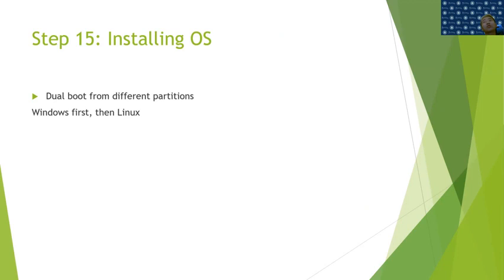This is called dual booting, where you're setting up two areas called partitions. If you want to do this, it's important that you install Windows first, then Linux, as Linux will preserve your Windows installation if you've already installed Windows, but Windows will not preserve your Linux installation if you've already installed Linux.